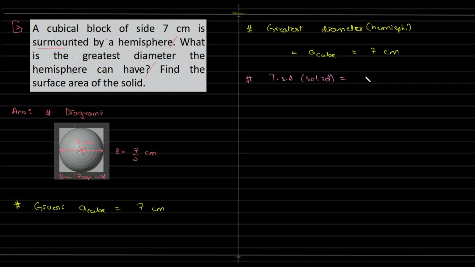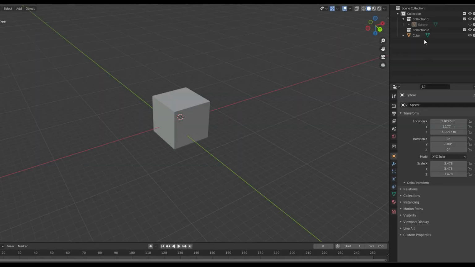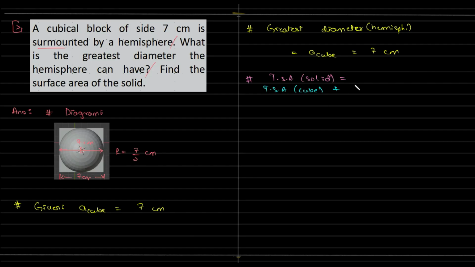So total surface area of the solid is equal to total surface area of the cube plus what else is there? Plus the hemisphere is there, right? This is your curved surface area. Curved surface area of the hemisphere. Okay, we need to write the dimensions. It always helps. 7 plus curved surface area of the hemisphere with radius 7/2 centimeter.